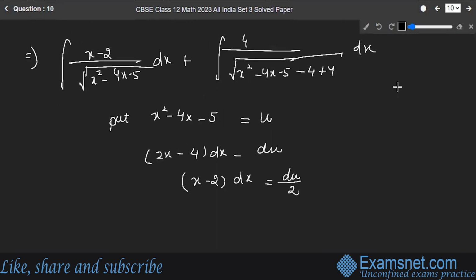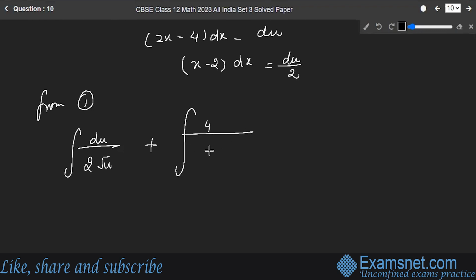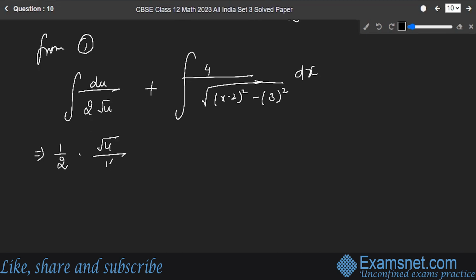So now this particular expression becomes, from 1, you have integral du upon 2 root u plus integral 4 upon x minus 2 square minus 3 square dx. So that is equal to 1 by 2, and this will be equal to root of u divided by 1 by 2 plus 4.